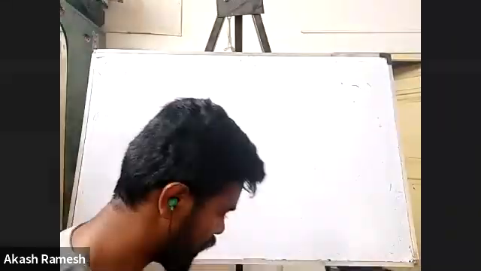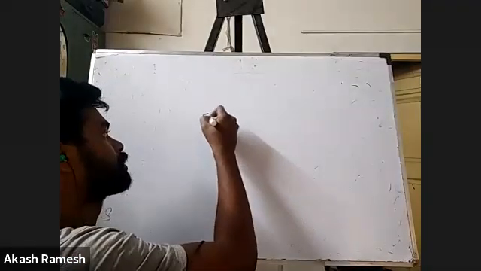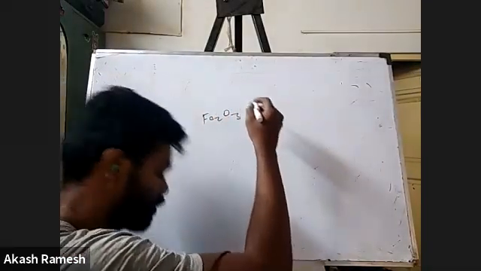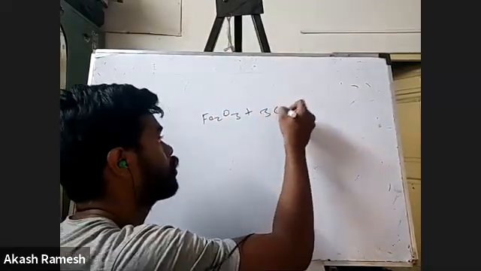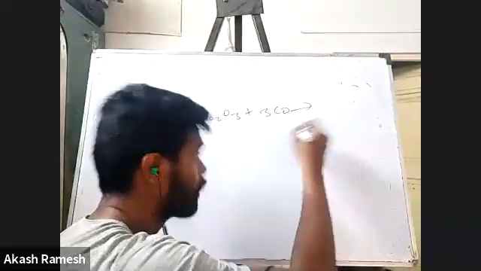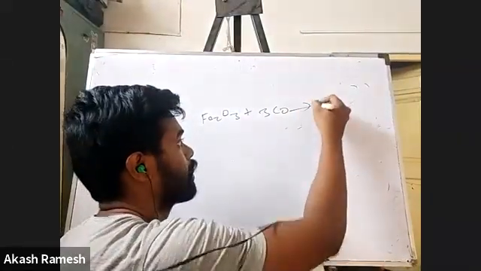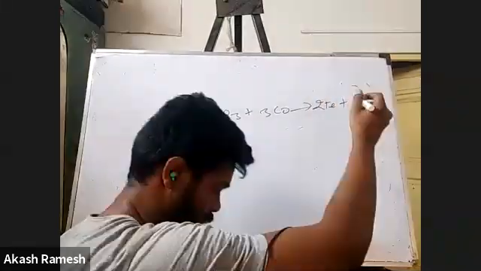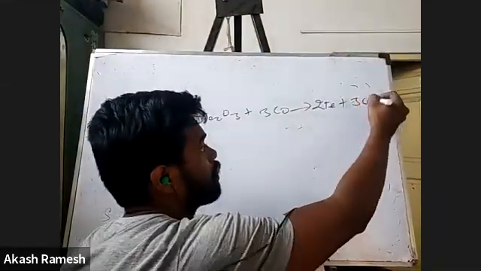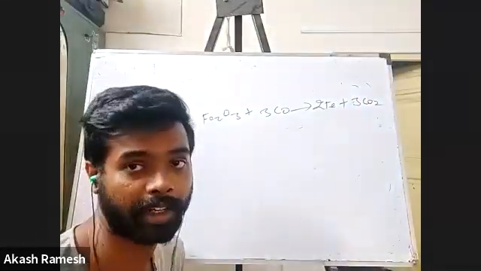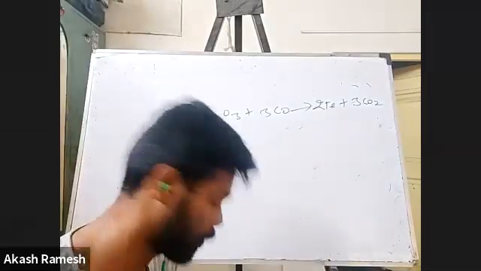The reaction given to you is Fe2O3 plus 3CO gives 2Fe plus 3CO2.